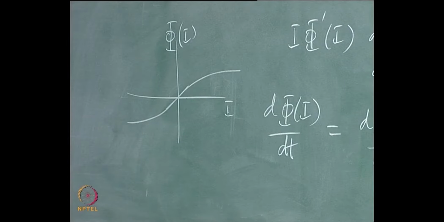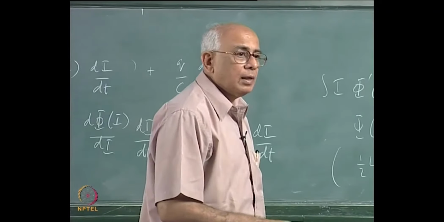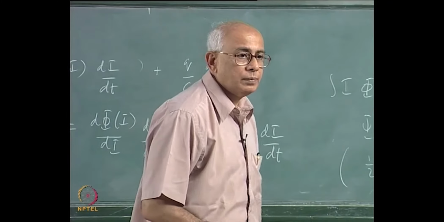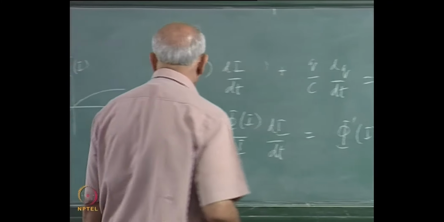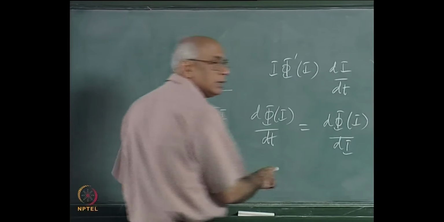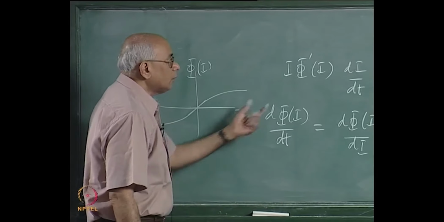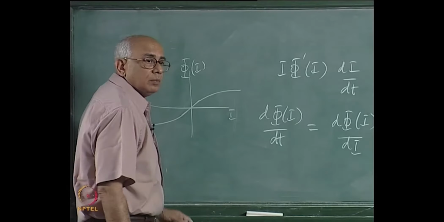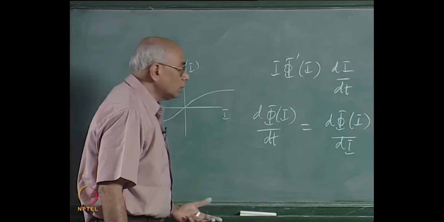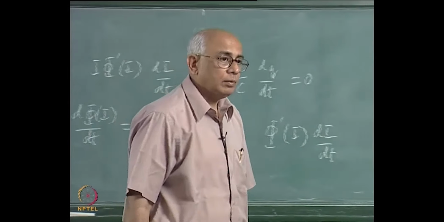A much more realistic model of what happens than a pure linear function all the way through. If you have a ferromagnetic core, for example, this is precisely what happens. And if you tell me the functional form of phi of I, I could write down explicitly for you what the constant of the motion is.